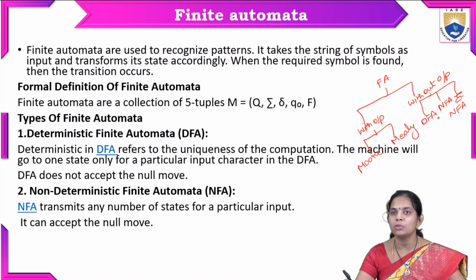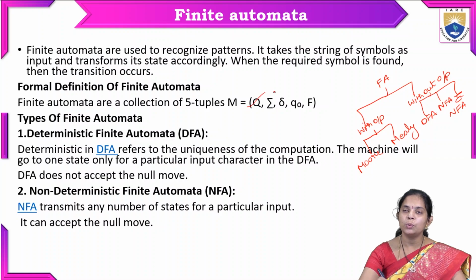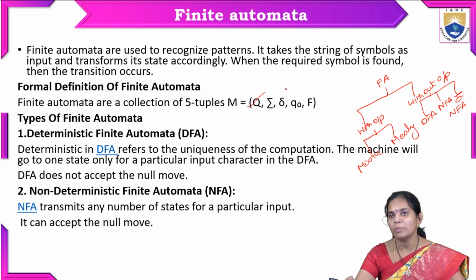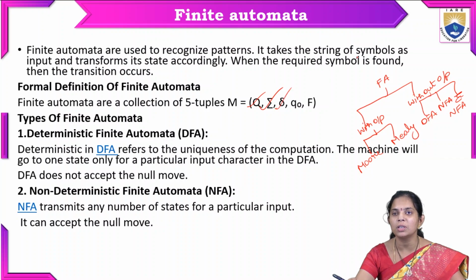So what is the definition of finite automata? Generally, whether NFA, DFA, or epsilon NFA, a finite automata is defined with 5 tuples. Q is a finite set of states, and sigma is the alphabet from which we form the strings. Next, delta is the transition function: after reading an input symbol in one state, it goes to another state, and that entire process is a transition.